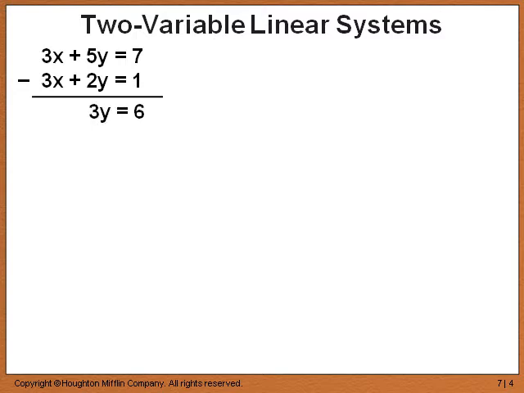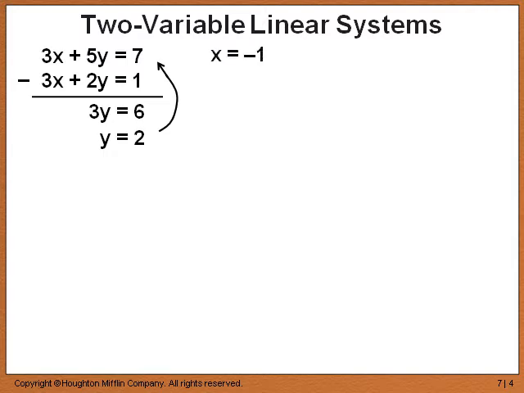And we end up with 3y equals 6. And then it's very easy to see that y equals 2. And then we back substitute. We back substitute the y equals 2 into either one of the equations in this system.